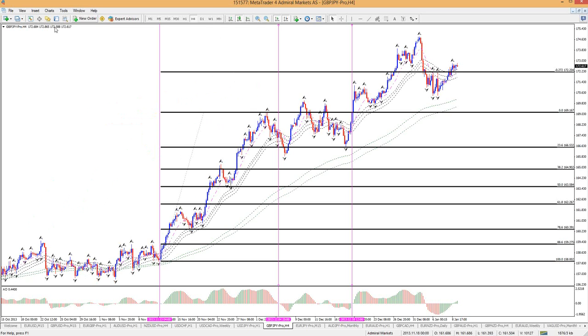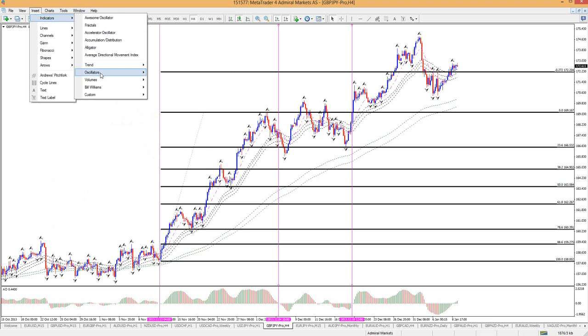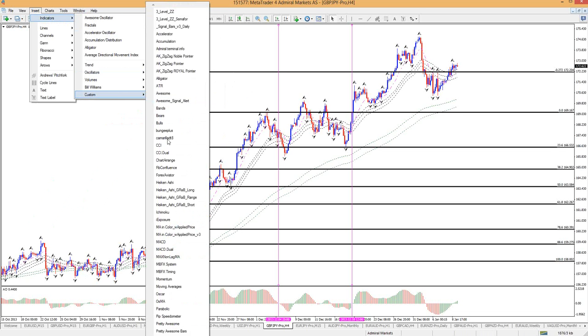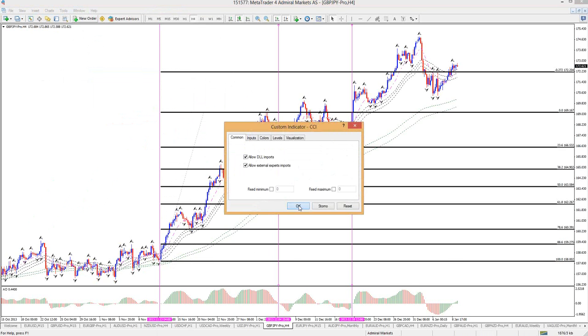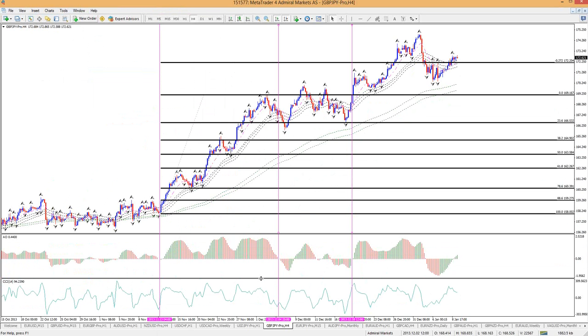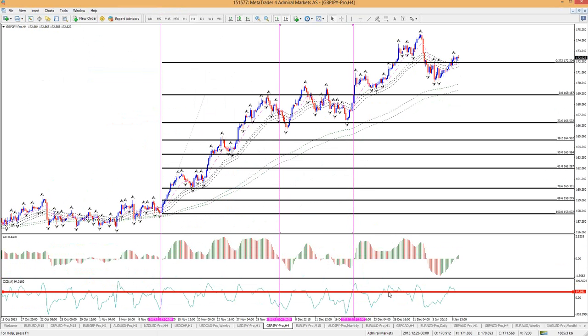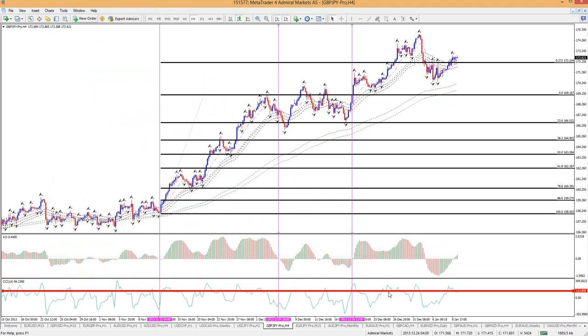Let's add a CCI here. Let's see. You can see that here the CCI was strong, made a retrace, and that was actually a good dip.